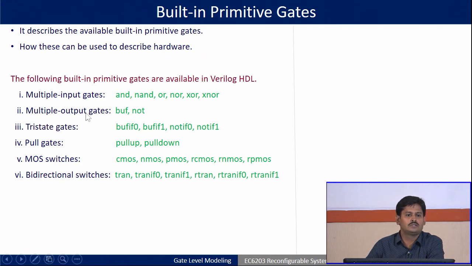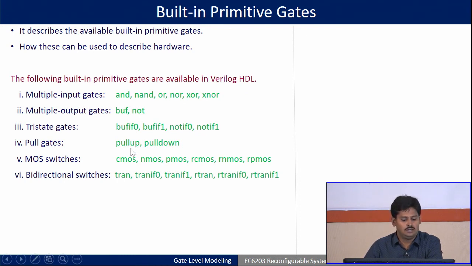Tri-state gates are used for having 3 state logic: 0, 1 and Z. Under this category we have bufif0, bufif1, notif0 and notif1. Pull gates are used for pulling a node up to a high voltage like 5 volt, or pulling down to ground.